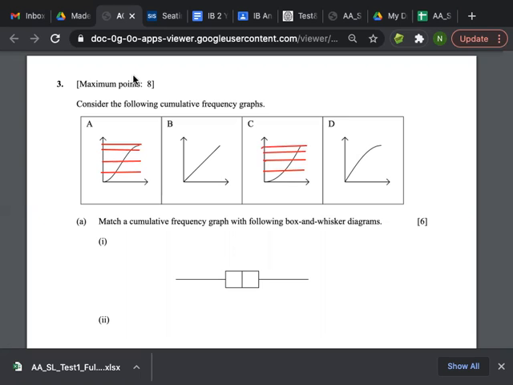If I were to hit them with some color, do you guys see how these points are here? Then I can create a box and whiskers plot.